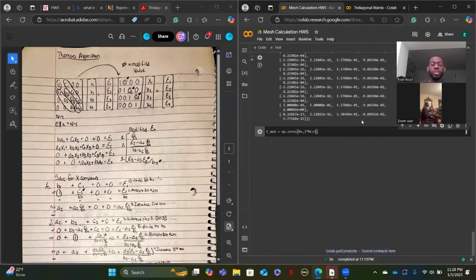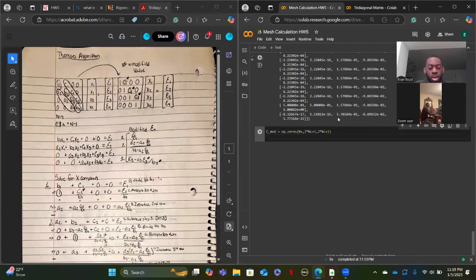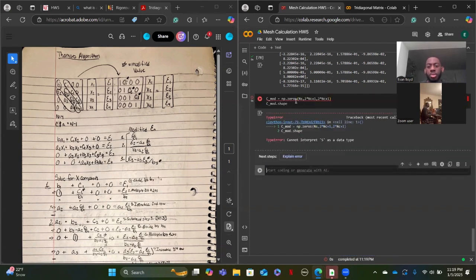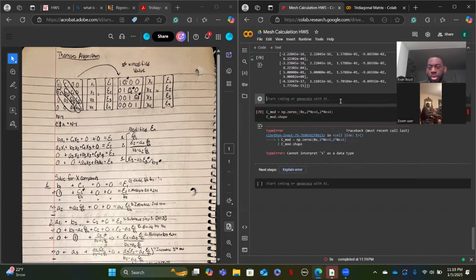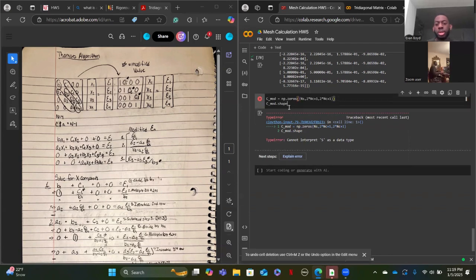We'll do two times our number of combinations plus one to get our five, and then we'll just do the same thing again. Sorry, kind of blank. Then if we check the shape, to make sure it's okay, hit enter. Even when I practice, I delete this every time. Do double parentheses for this.